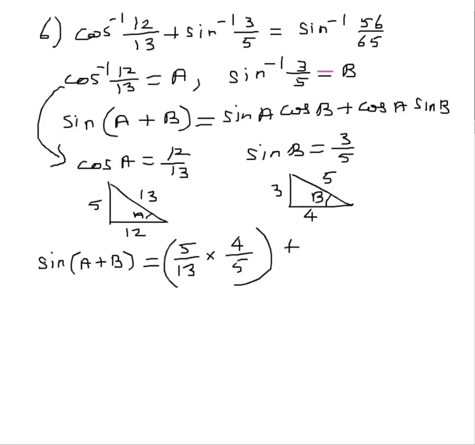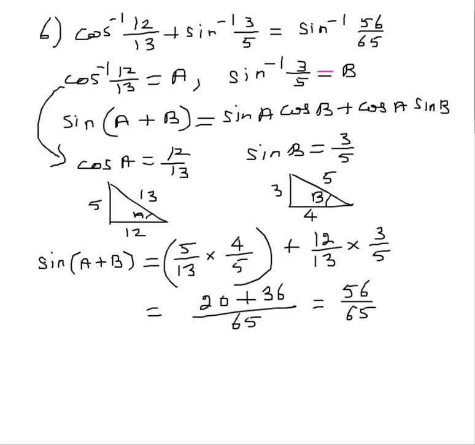From the first triangle, cos is adjacent by hypotenuse, and sin B we have direct value, so 3 by 5. (20 plus 36) by 65. The answer is 56 by 65.